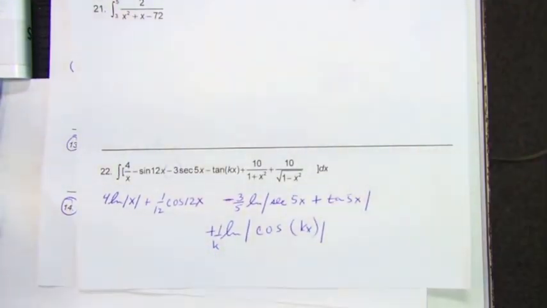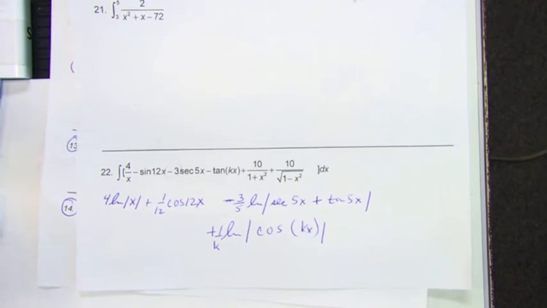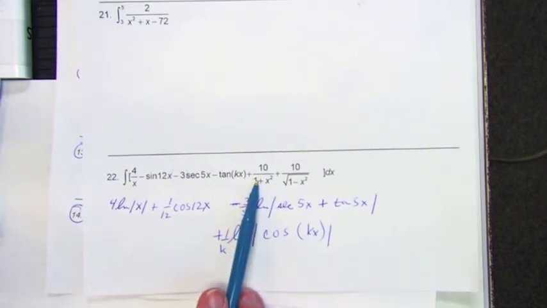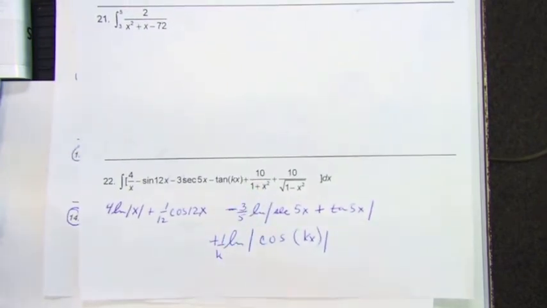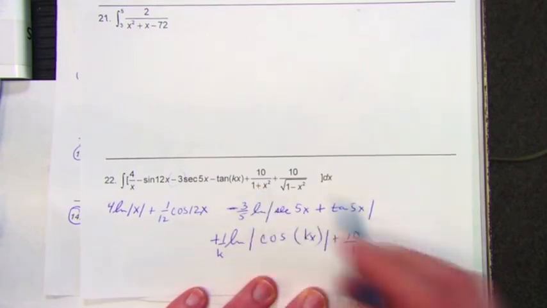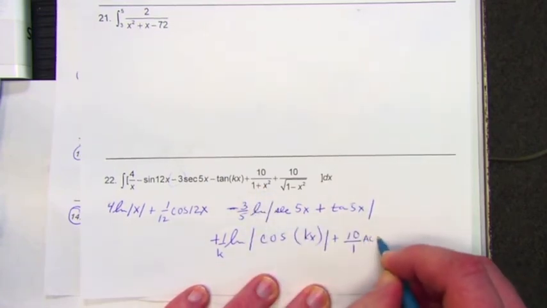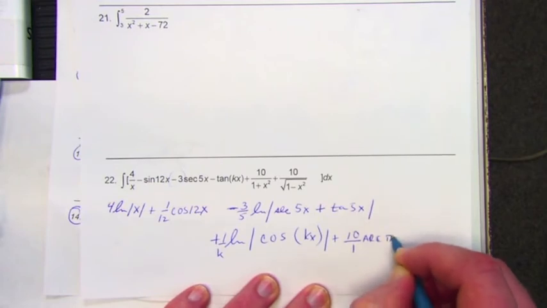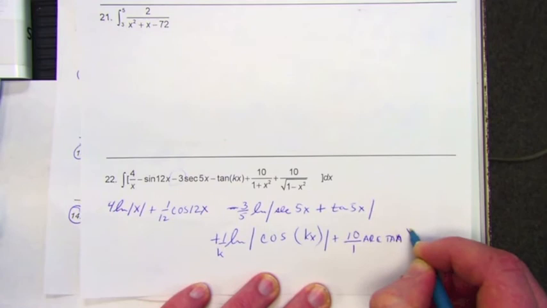Okay. And then the other two boogers. One of them is an arctan, one of them is an arcsine. Do you know which one is the arctangent? The first one is, right? So it's 10 over 1, because there's a 1 over a out front. Arctan of what? Of x, or not arctax, although I have to do my taxes.